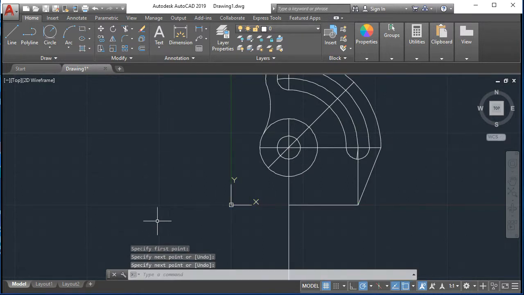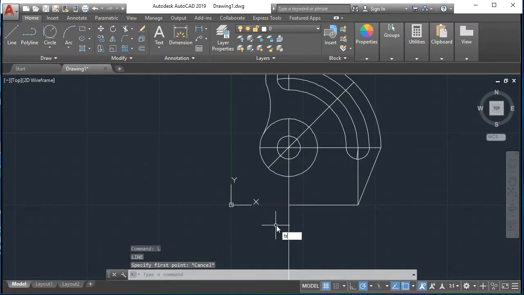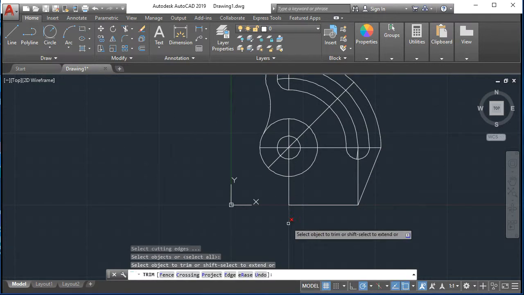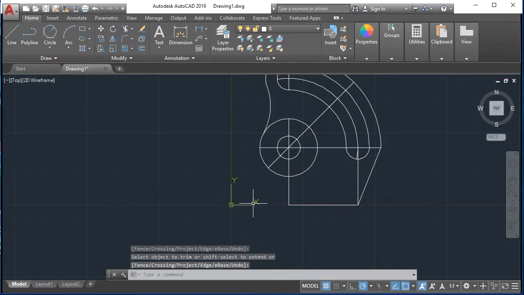And now we are going to take a tangential line command and remove this excess portion, TR, double enter, remove this, enter, taking a line.